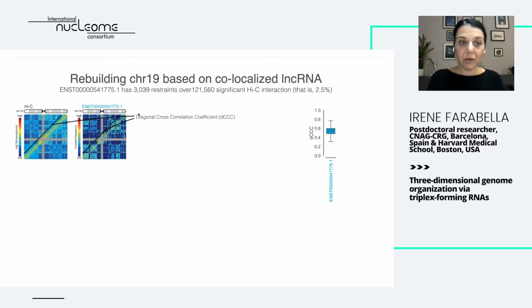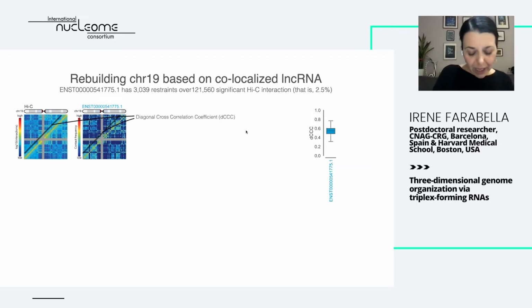Then we quantify the similarity and the reconstruction accuracy of our model using the diagonal cross-correlation. And overall, this suggests that using less than 3% of all the significant Hi-C interactions is sufficient to reconstruct quite nicely the overall chromosome.